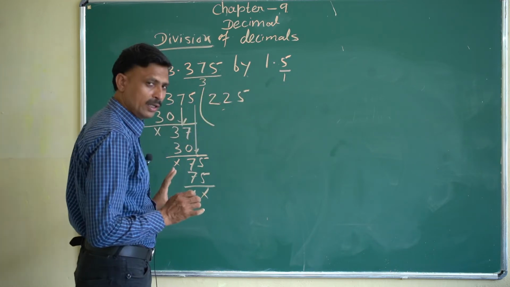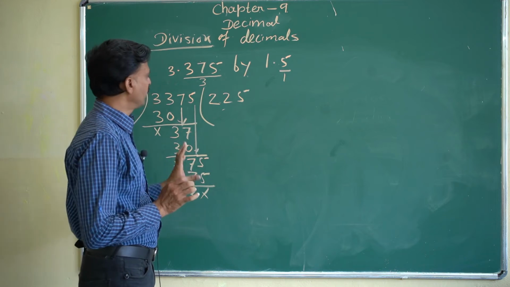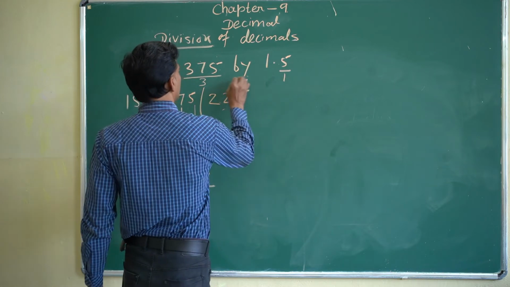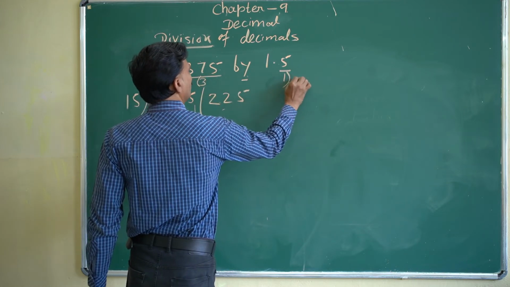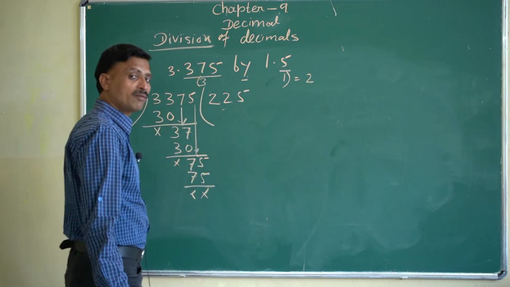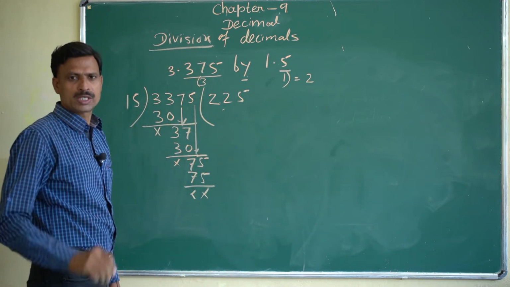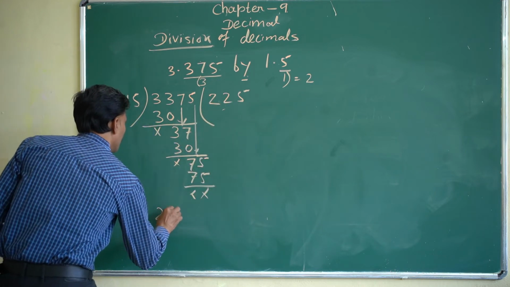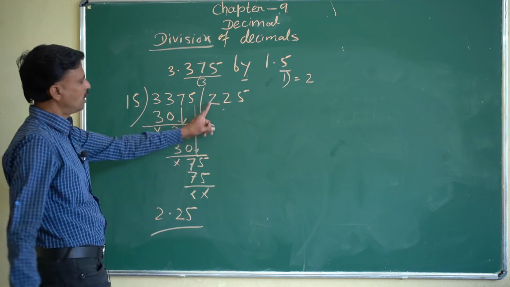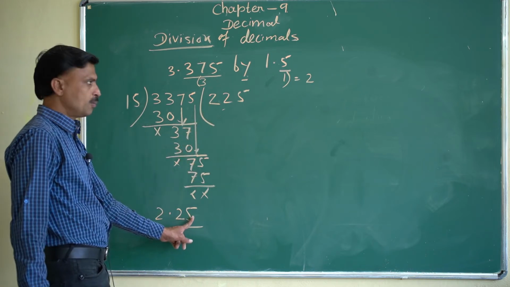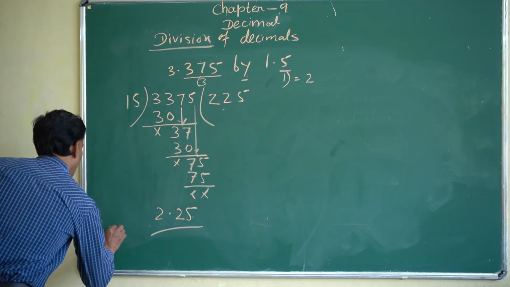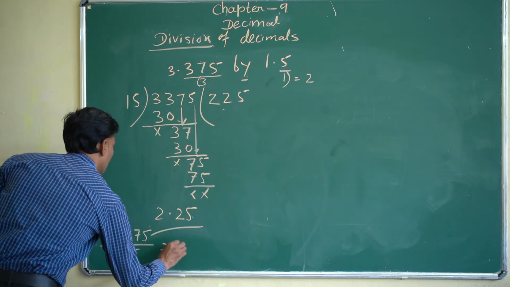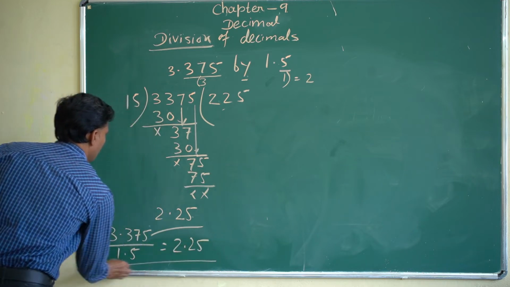Here, since we are dividing, we subtract: 3 minus 1, that is 2. So after the decimal there will be 2 digits, which means the decimal will come after 2. So the answer will be 2.25. Means if we divide 3.375 by 1.5, the result will be 2.25.